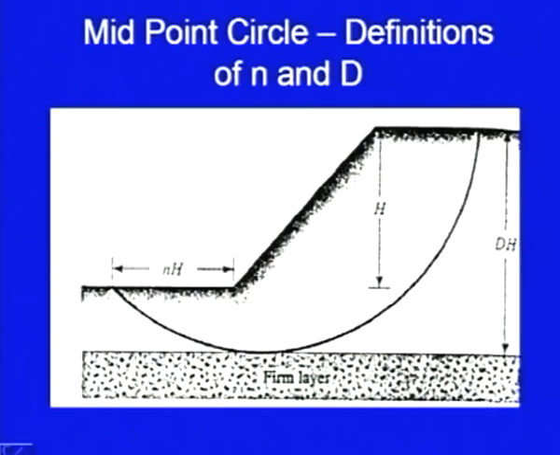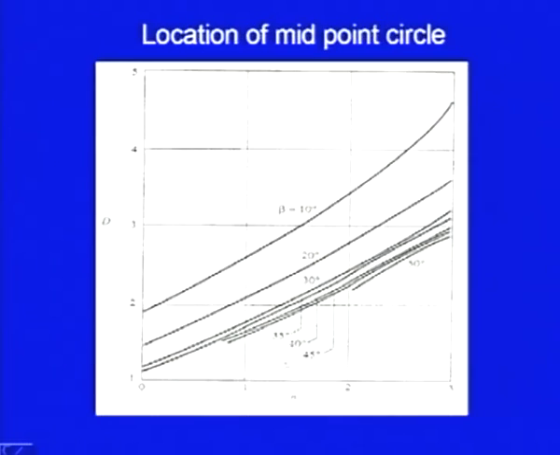N, which I defined there, is a coefficient which you have to multiply with h to get the distance where this circle touches the ground. So, a relationship between n, d and beta is available.